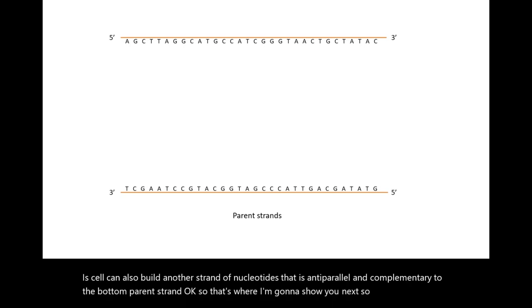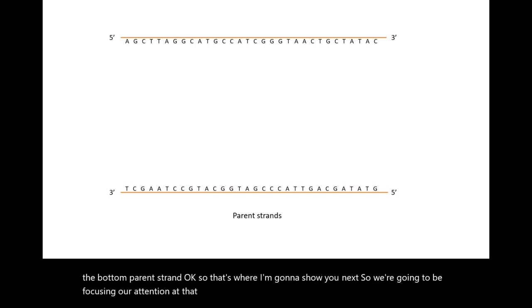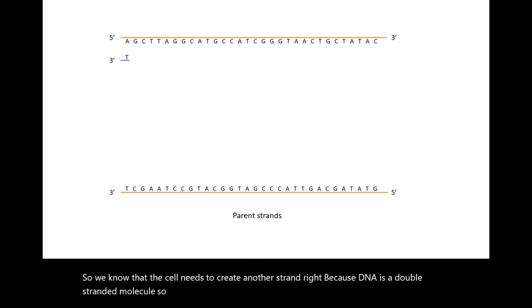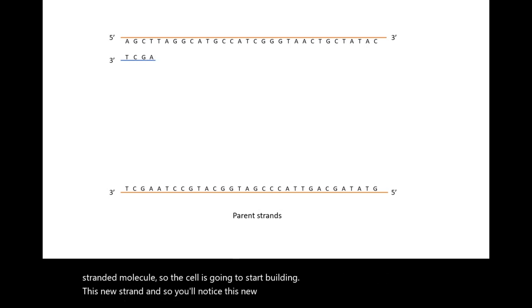So we're going to be focusing our attention on that top 5' to 3' strand. We know that the cell needs to create another strand, right? Because DNA is a double-stranded molecule. So the cell is going to start building this new strand. You'll notice this new strand, which is in blue, is running in the opposite direction.